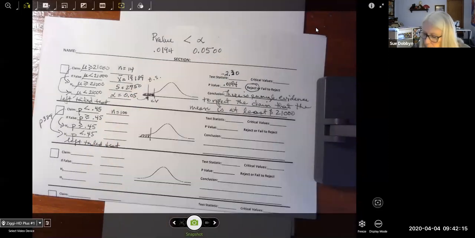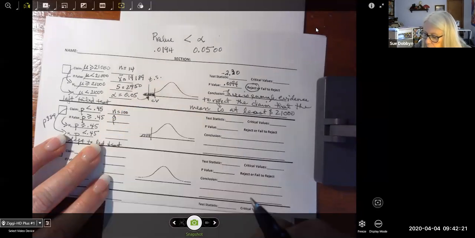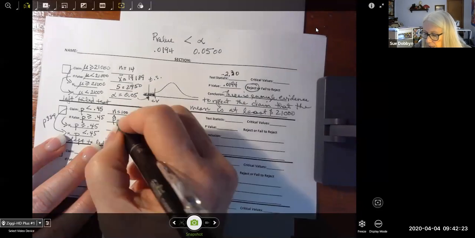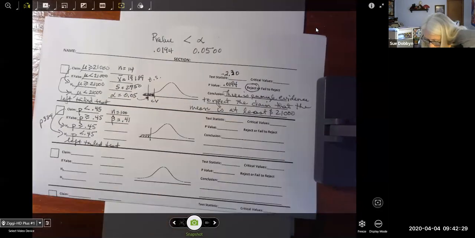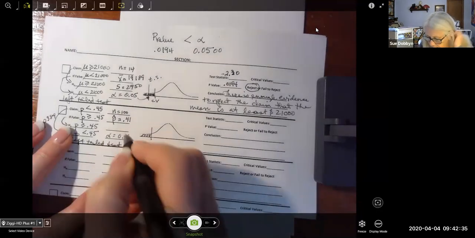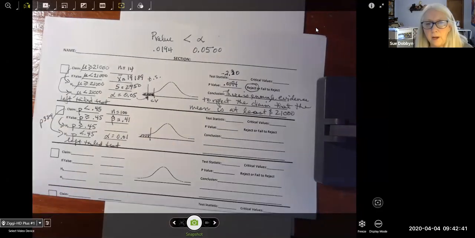So p-hat, remember that's the proportion in the sample, is equal to 41%, which is 0.41. At a significance level of alpha 0.01, is there enough evidence to support the researcher's claim that less than 45% use easy passwords?